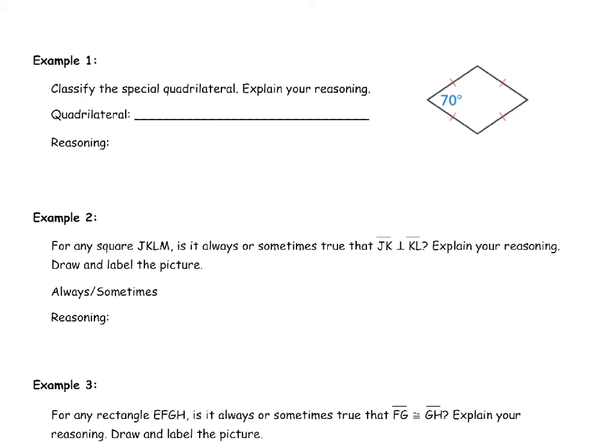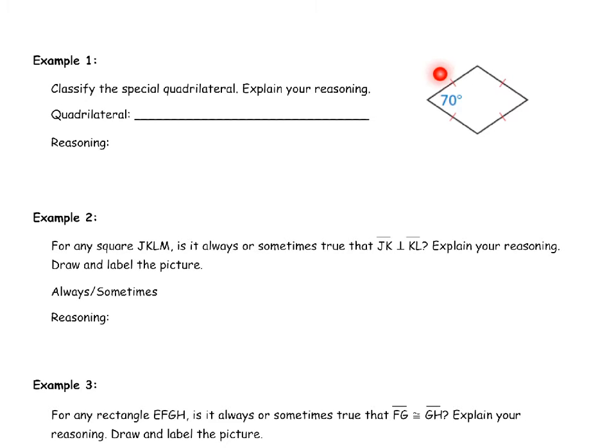All right, let's look at our first example. We are going to classify this special quadrilateral and explain our reasoning. So, is this quadrilateral a parallelogram? If it is a parallelogram, then can we go a step further and classify it as a rhombus, a rectangle, or a square? Now, we know that a rectangle and a square have to have 90-degree measures, and this clearly is a 70-degree angle, so I know it can't be those two.